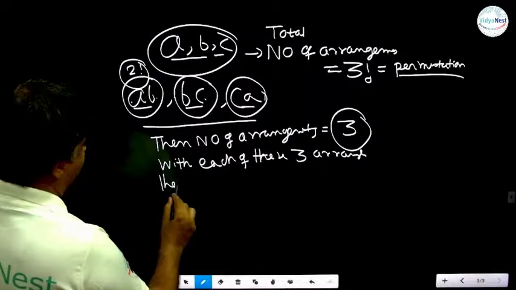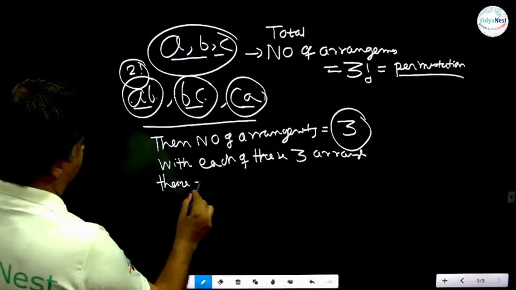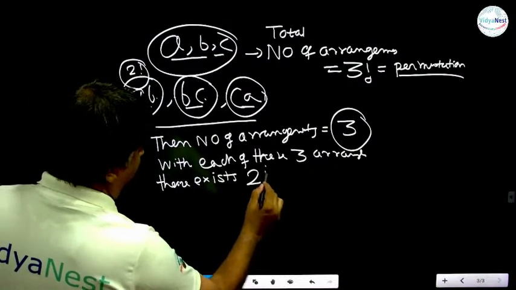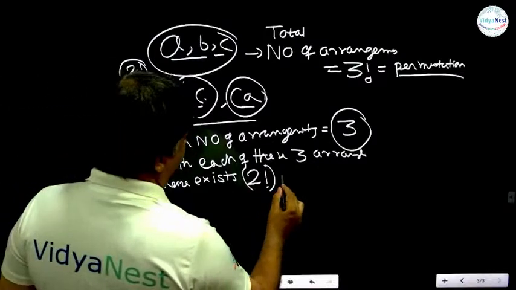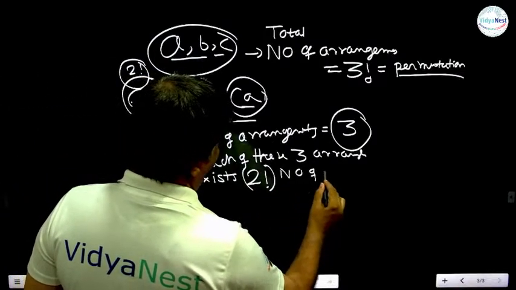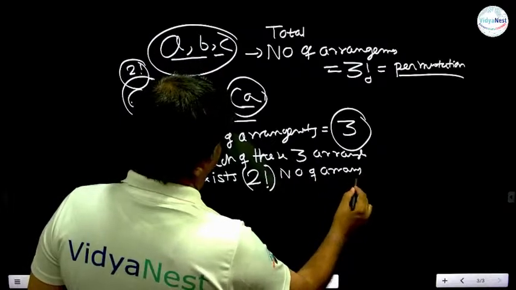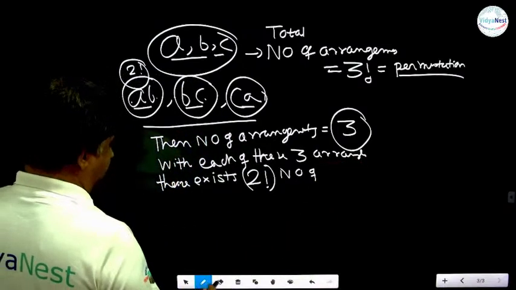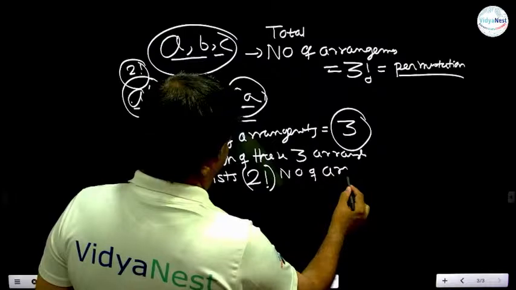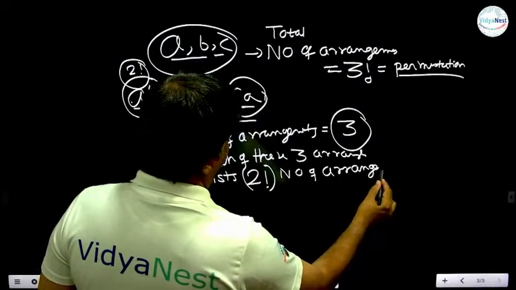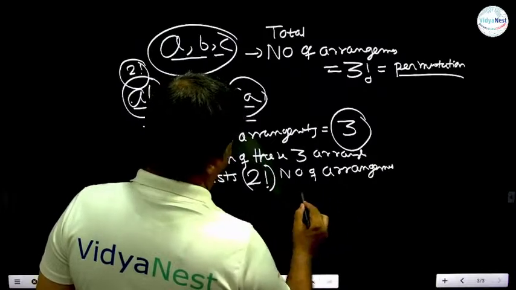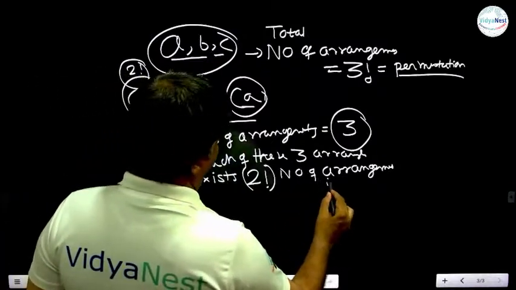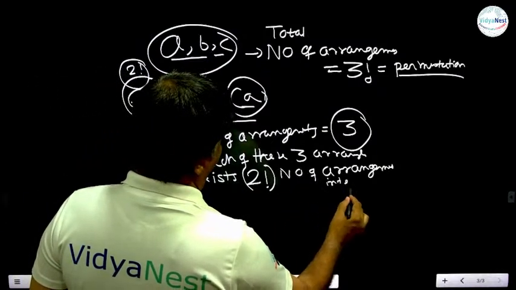there exist factorial 2 arrangements internally.